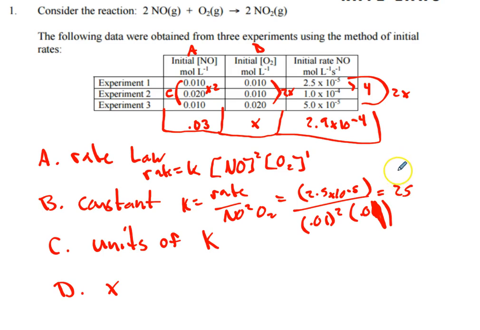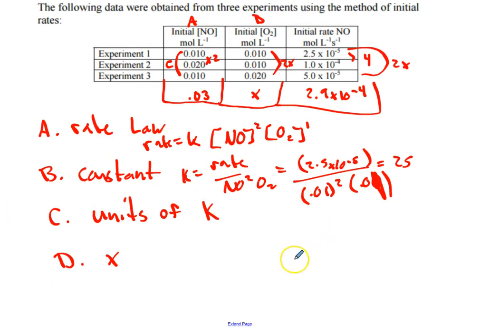Okay. The units are going to be the exact same as the second example we did, if I remember right. I'm running out of time. But the units of K, all right, we had the rate here, mole per liter second, and then we had liters squared moles squared.